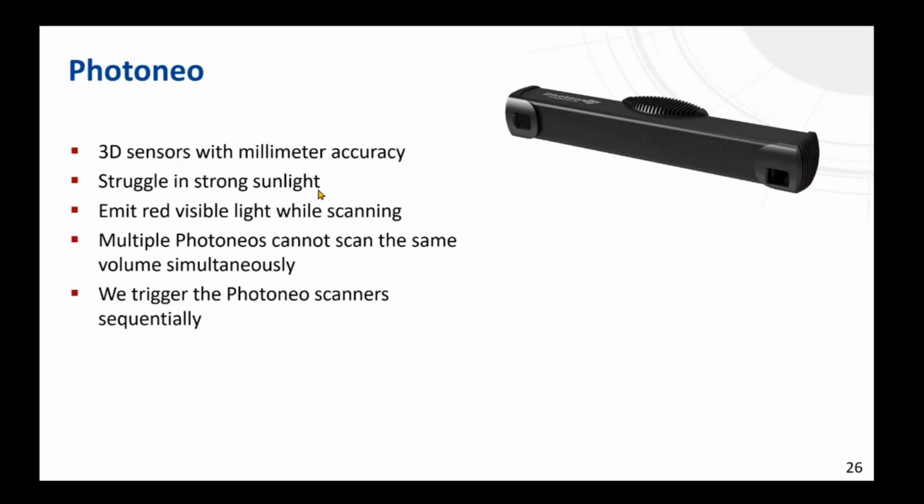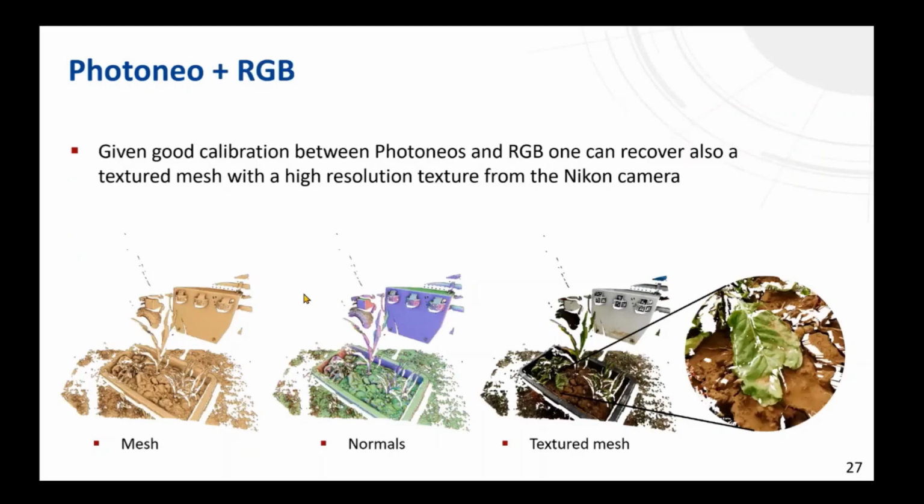So we try to exclude it using the housing, but of course this is not a totally dark chamber, and we have to trigger them one by one, which takes a few seconds, and during this time the plants may move, which sort of violates a frequently made assumption that the scene is stationary, which makes it more difficult to later fuse the data.